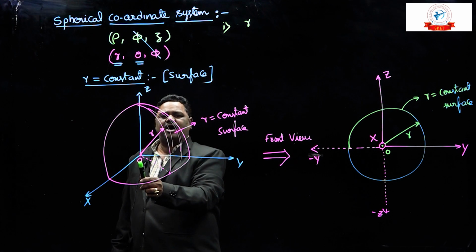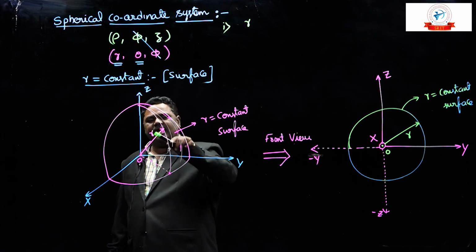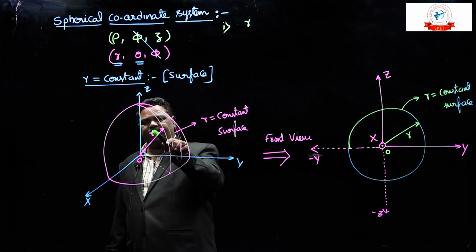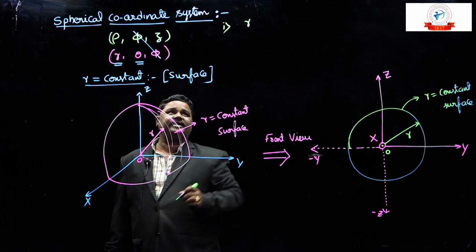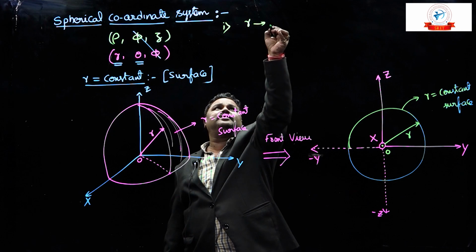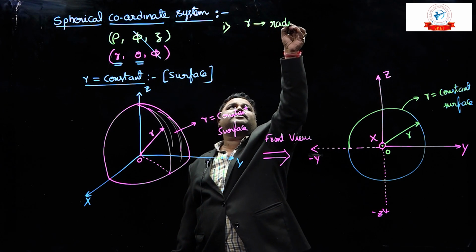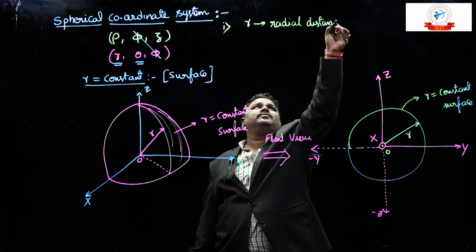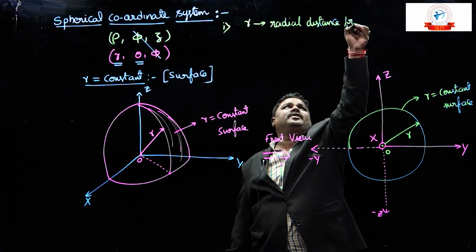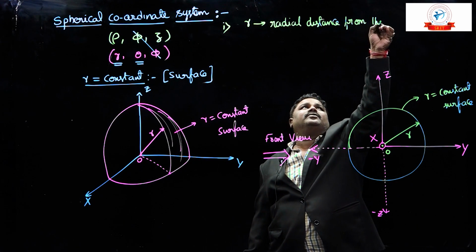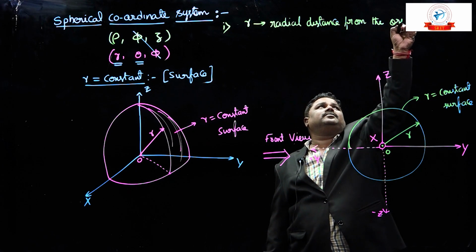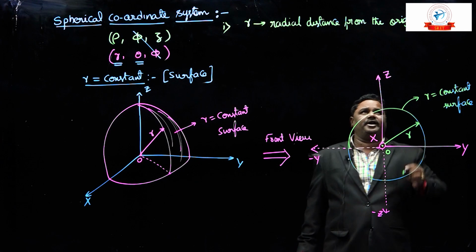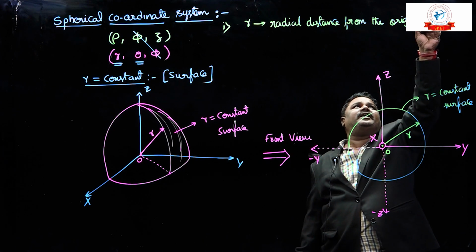The center of the sphere is the origin. So r is a radial distance from the origin, or a perpendicular distance from the origin. Simply, r represents a radial distance from the origin. And you know that the origin is a point, so I call this a reference point.